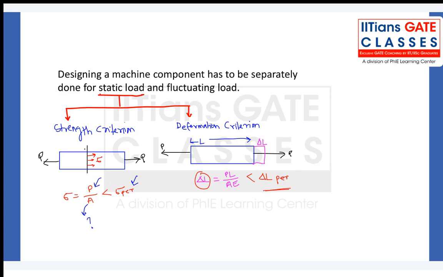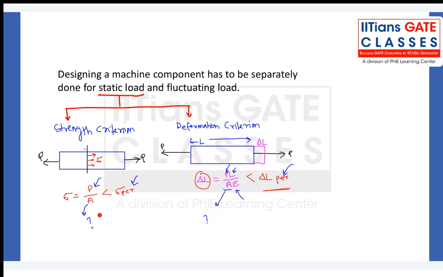Now, if you know the delta L permissible, the designer will know the maximum deformation possible. We know the load acting on the element, the length, and Young's modulus of elasticity of the material. From here, again, we can calculate the cross-sectional area.